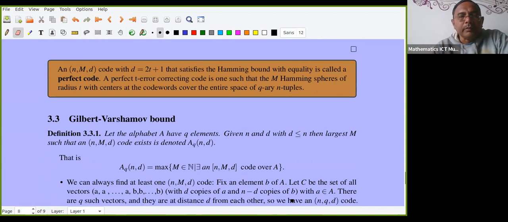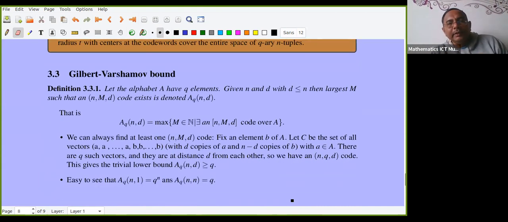Now I'll stop with this last bone. This also I introduced, this A_q(n, d). Let alphabet A have q elements, given n and d, where d is less than or equal to n. We are looking for the largest M such that an (n, M, d) code exists.